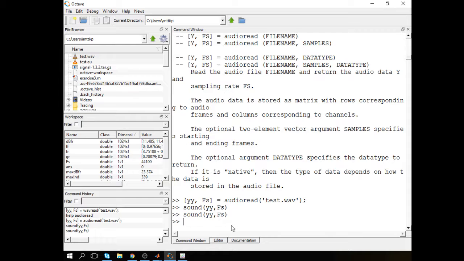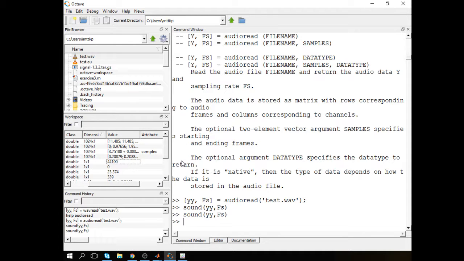So for the frequency analysis, the signal was about 1 second long, and what is my FS? 44.1 kilohertz sampling rate. So it's a CD quality audio of a ping.